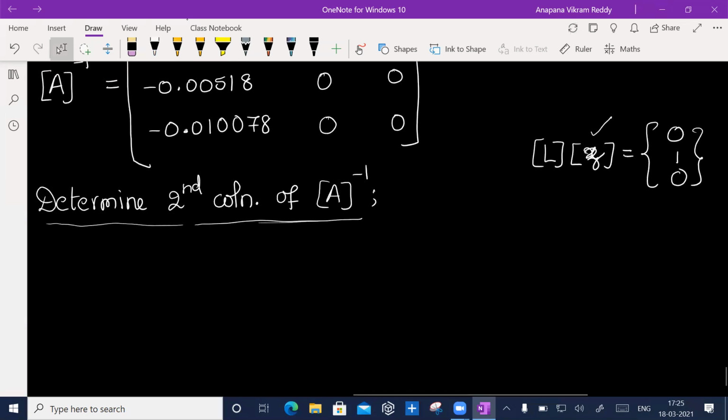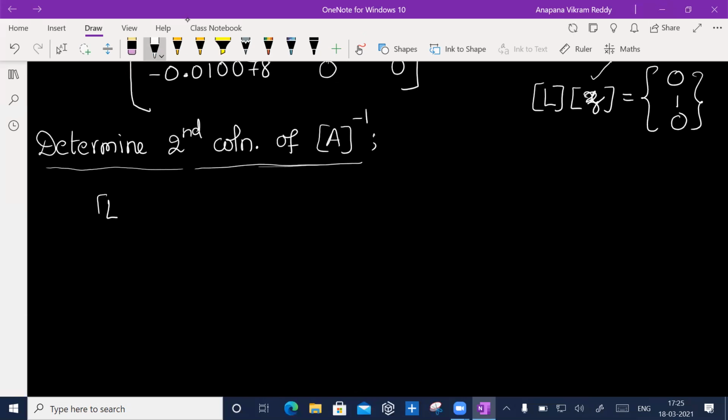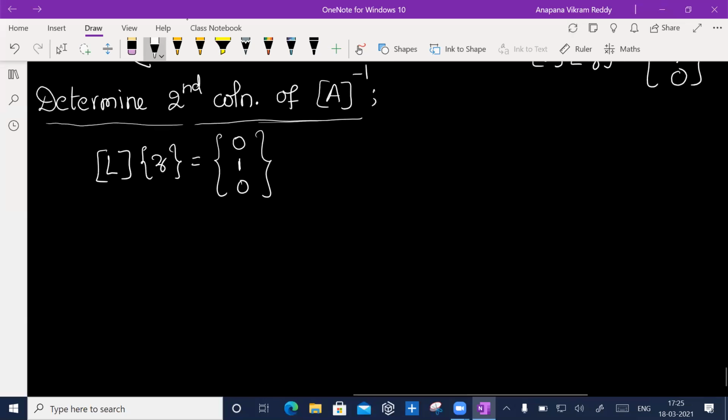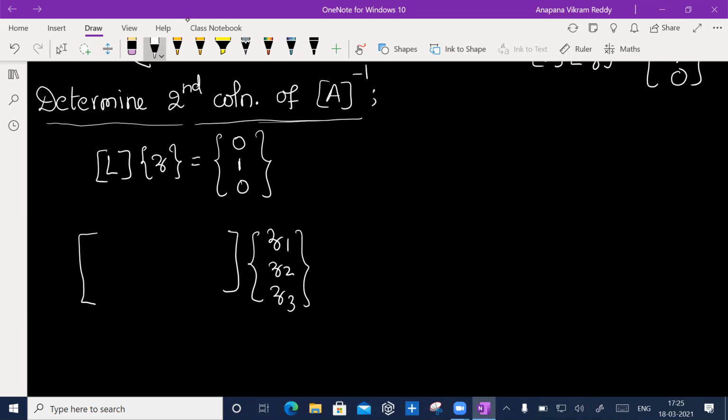Okay. So my first step is this. Lz is equal to 0, 1, 0. I'm finding the second column of A inverse, so you must take 1 in the second row on the right hand side as unit vector, okay? So now what you get? L already you have, right? You take the same L, whatever L matrix, the 3 by 3 matrix, you have. We need not write that again and again, like Z1, Z2, Z3.